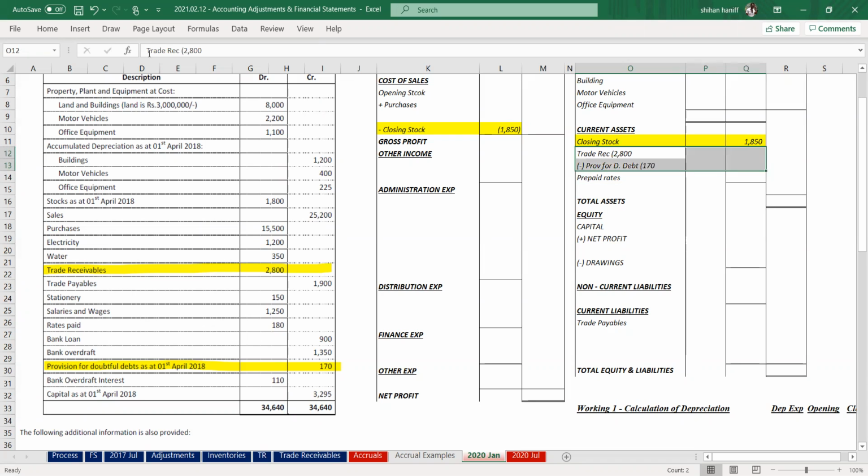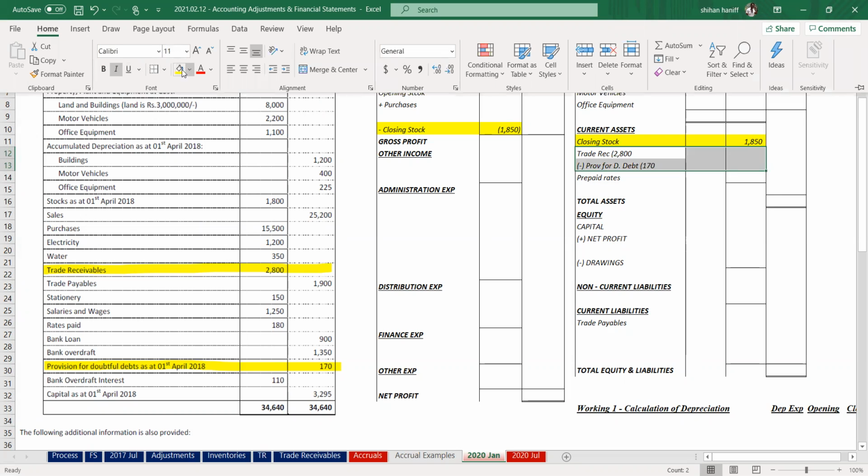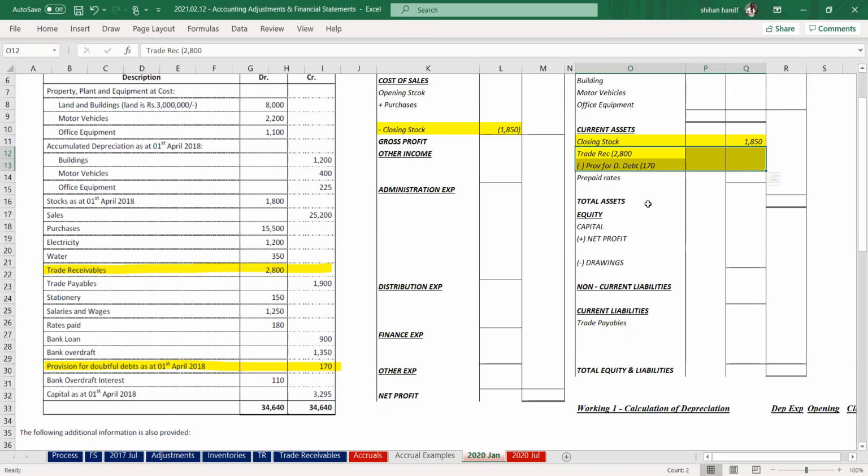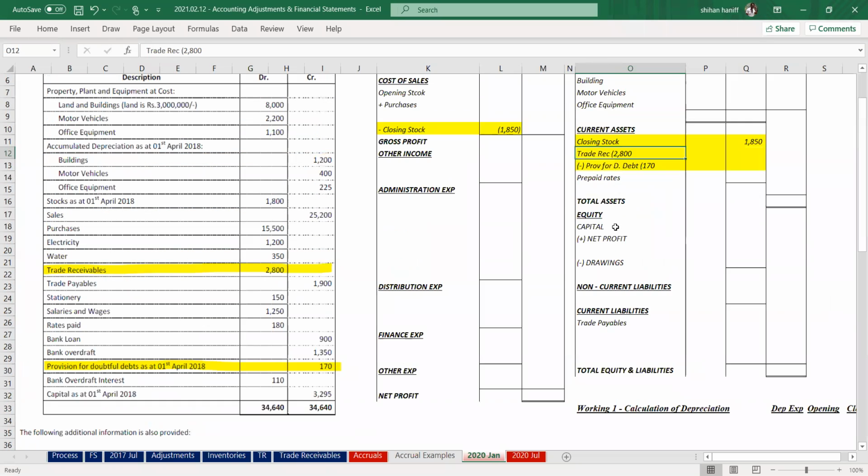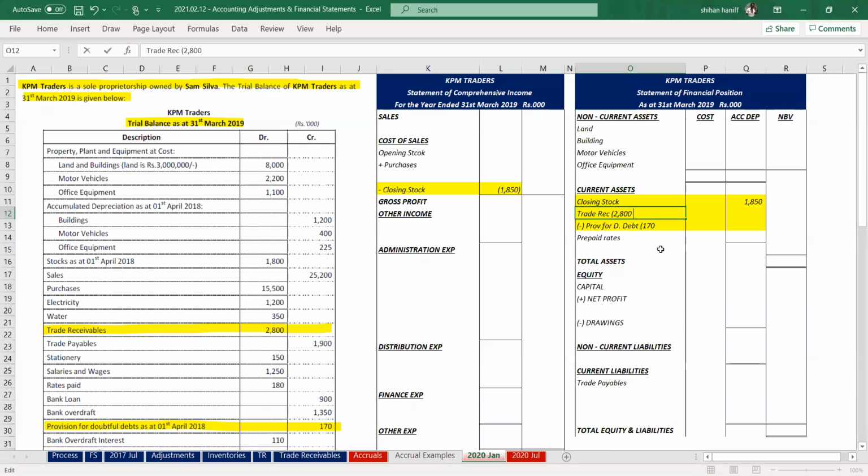These two balances. Now what they are saying is 100,000 write off as bad debt. So when you write off, trade receivable will reduce. So the net value is 2,700.